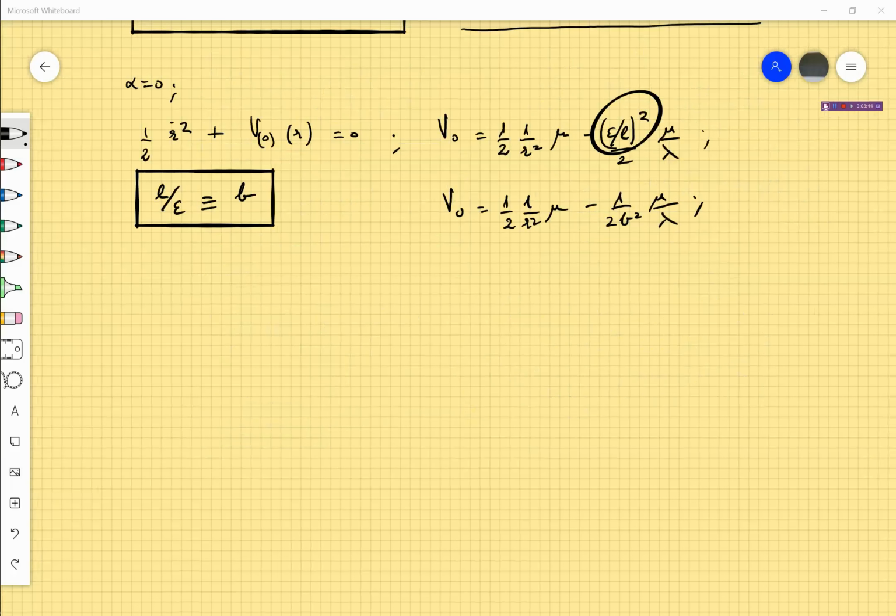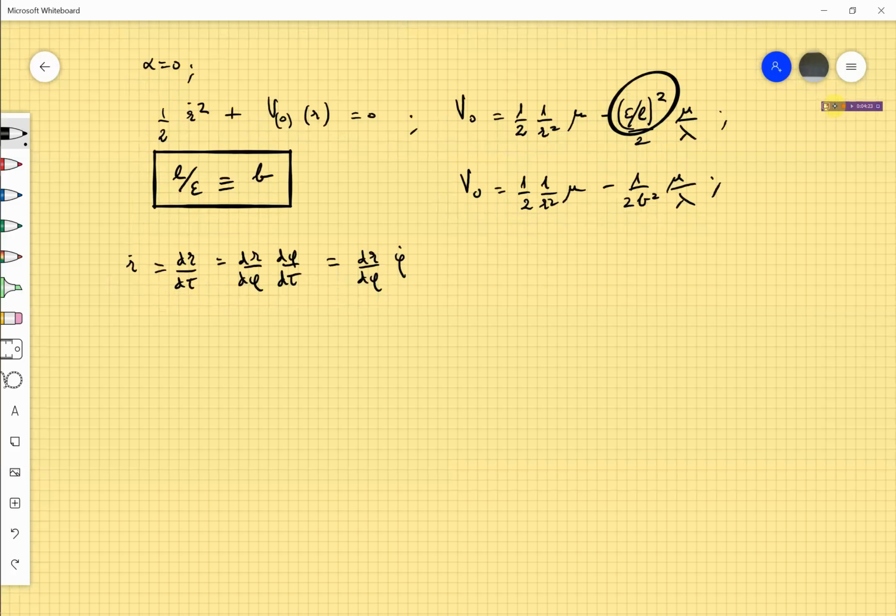In order to see the meaning of this new parameter B, I want to rewrite this equation, instead of an equation of R as a function of tau, as R as a function of phi. So we can change the variables in this way. We have dr d tau is dr with respect to phi, and then d phi with respect to tau. This is r dot, and this is phi dot.